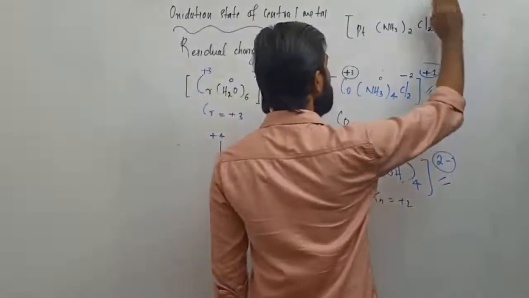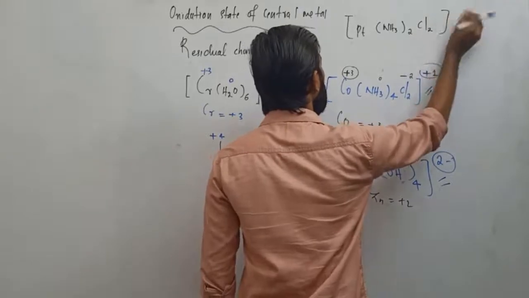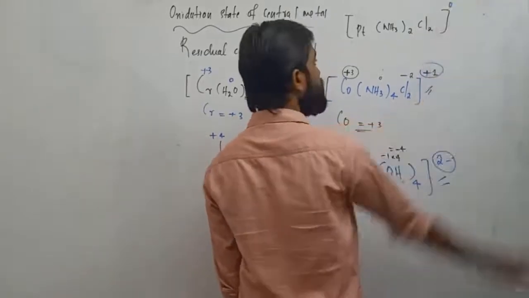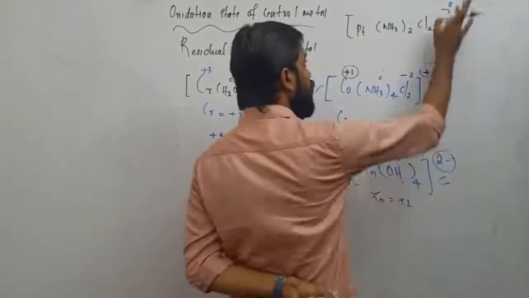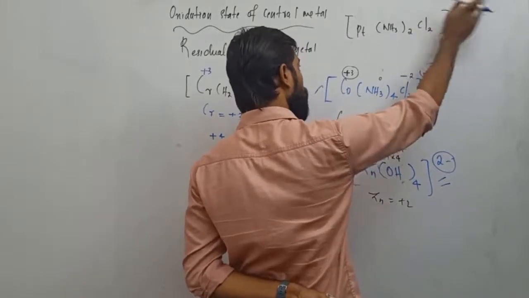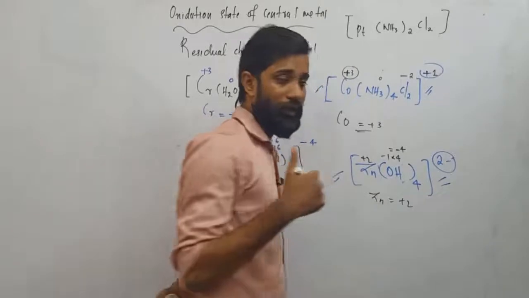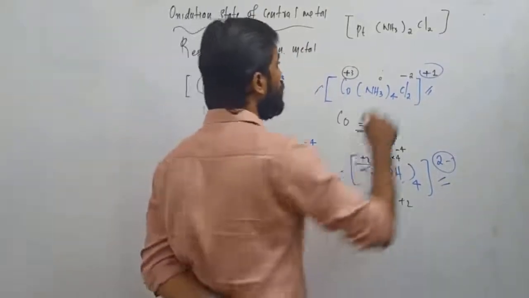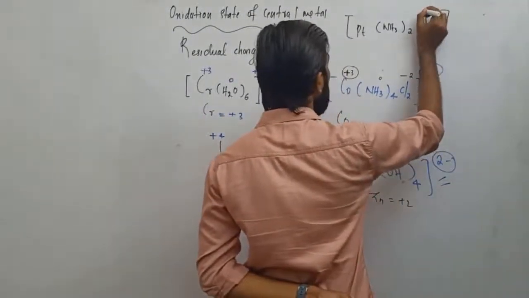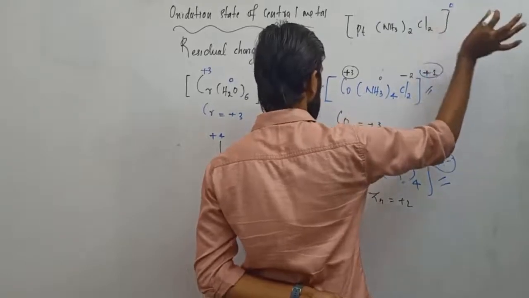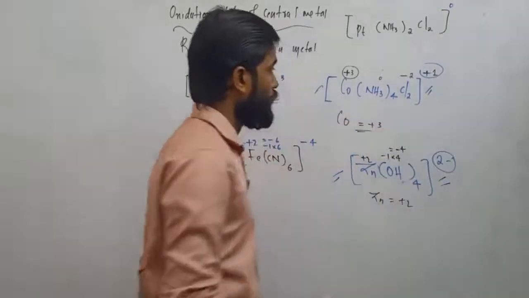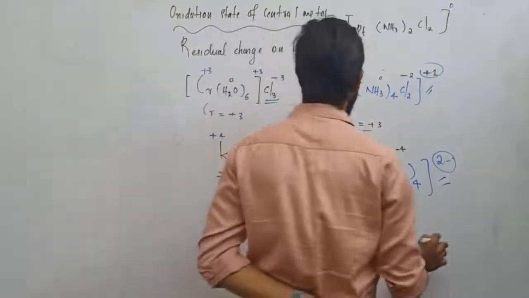So if there is no charge or no counter ion, then the total charge of this molecule is said to be 0. Usually they are not mentioning a charge of 0, but we have to realize that the charge is 0. So the total charge is 0.